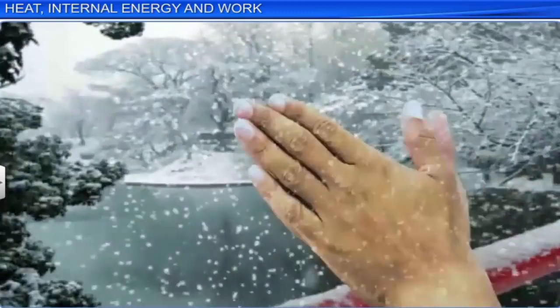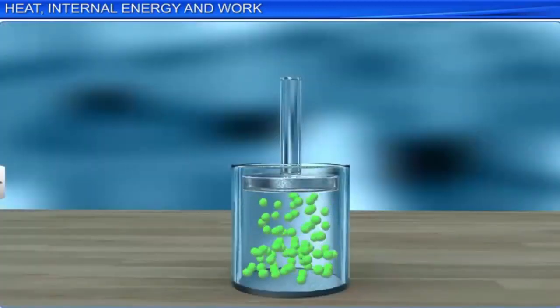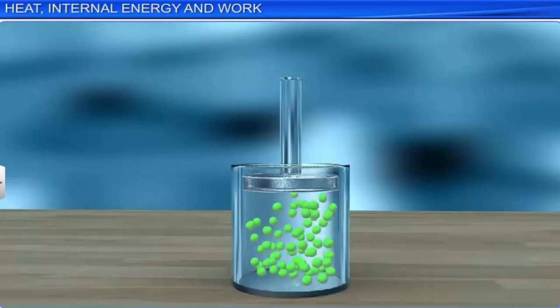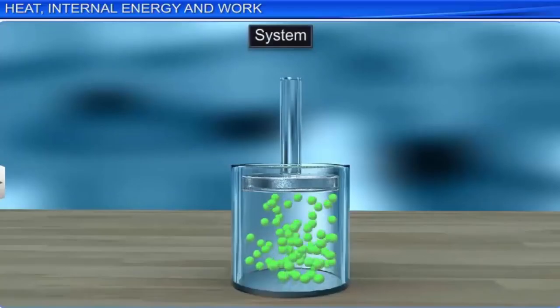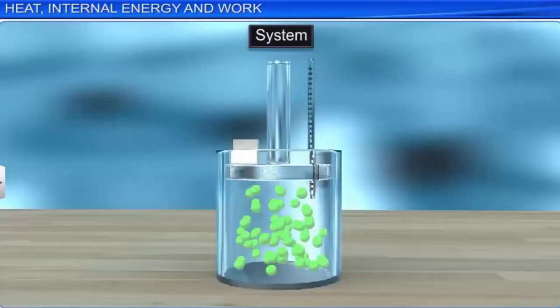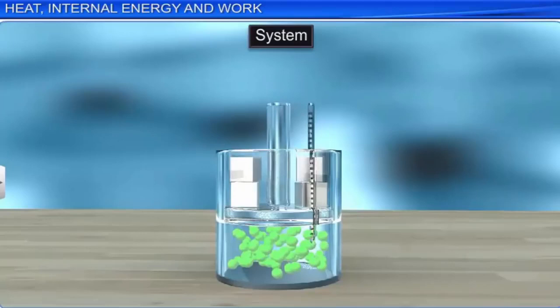Let us now consider a mass of gas enclosed in an airtight container with a movable piston as a system. Now compress the gas by exerting an external force on the piston. This can be done by placing some weights on the piston of the container.